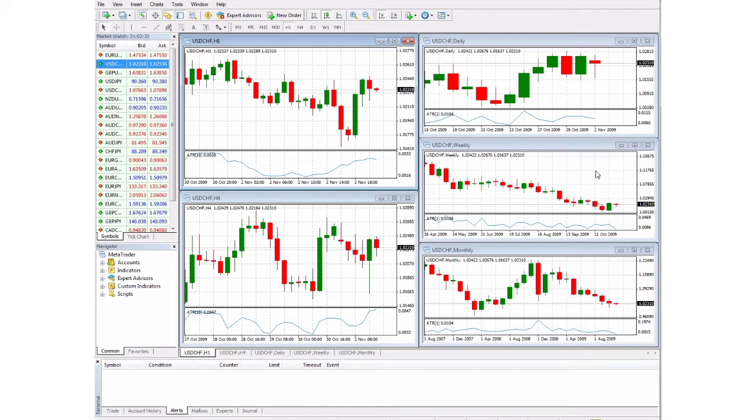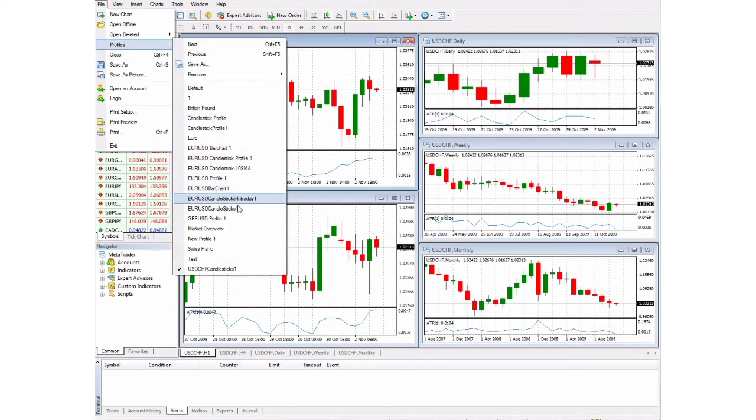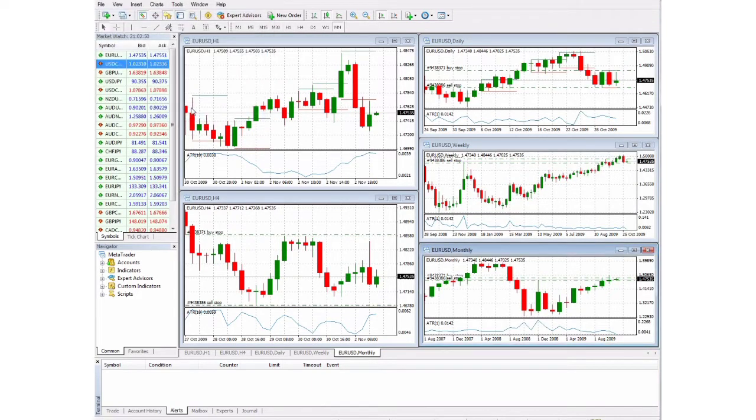That's because we don't have any orders in this particular currency pair, but we do have orders in the euro US dollar. I'll just pop back over, go to profiles. Okay. There we go.